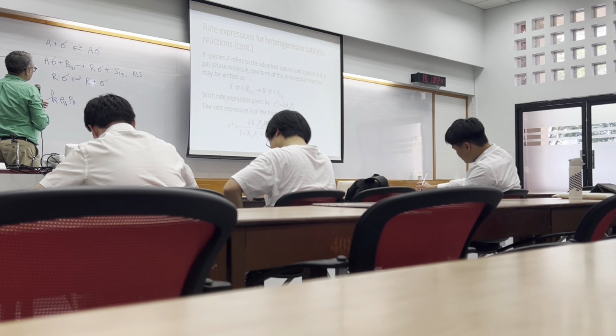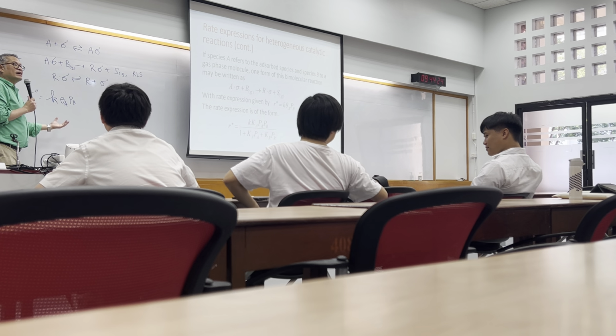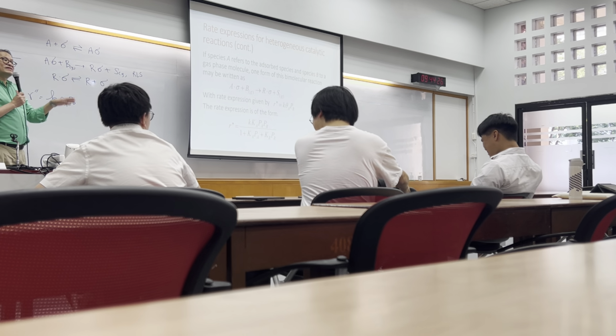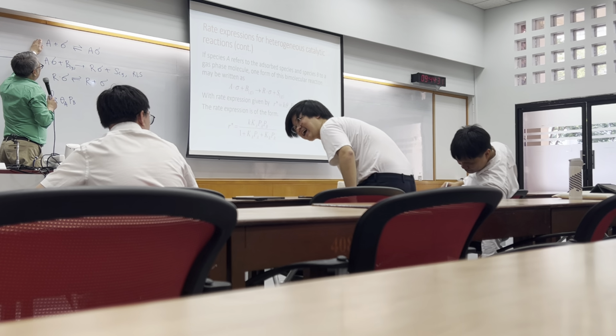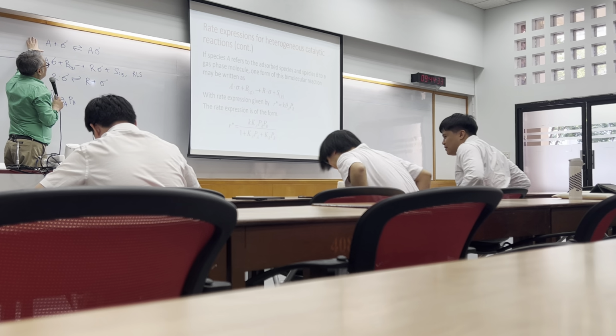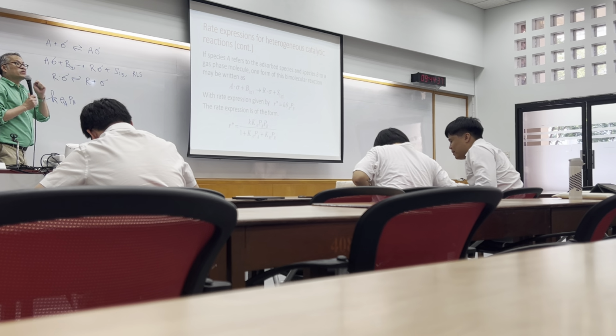Okay, so for PB, we leave it as is, right? But for theta A, again, we do the Langmuir adsorption, the Langmuir isotherm. So we have step 1 and step 3, and we assume that all the adsorption and desorption are in equilibrium.